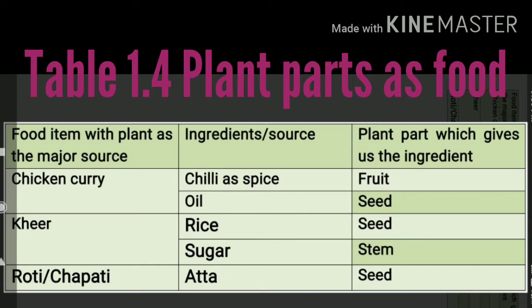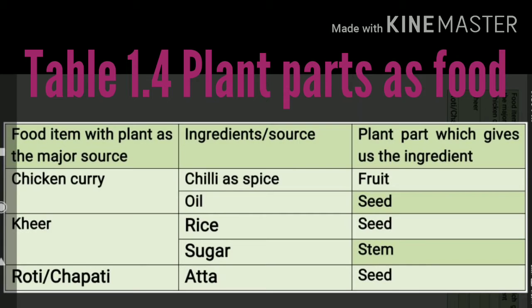Now chili. Have you seen a chili plant? If you have seen a chili plant, then you came to know that chili is the fruit part of a plant which gives us the ingredient.